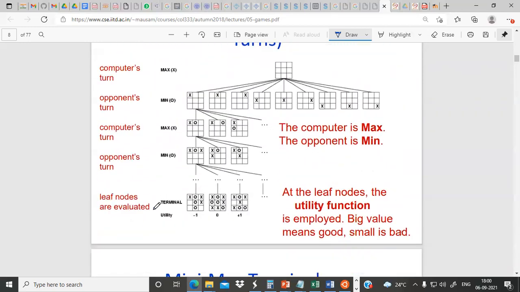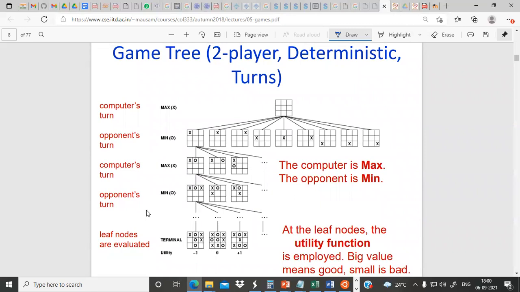So here is an example of a two-player game in a deterministic environment. Generally, game playing is a non-deterministic environment because you have two opponents and you don't know what the other opponent's choice will be, right?